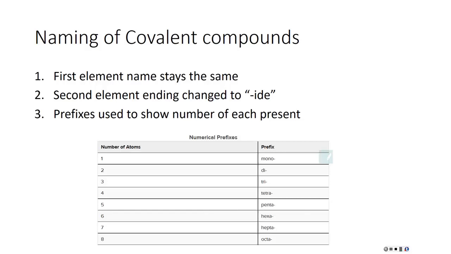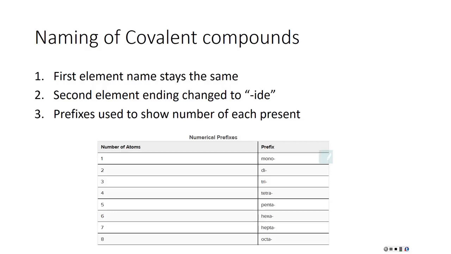Then, the second element's name is going to change the ending to an IDE. So this is going to be carbon, and this oxygen is going to change to oxide. Same thing here. This is going to be fluoride. And finally, chloride. So these are the same two rules as ionic compounds.